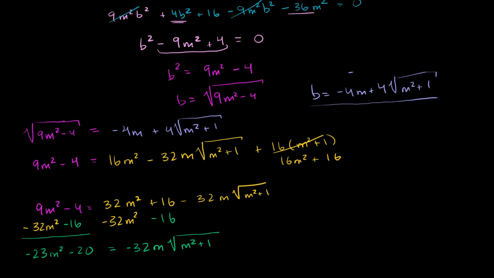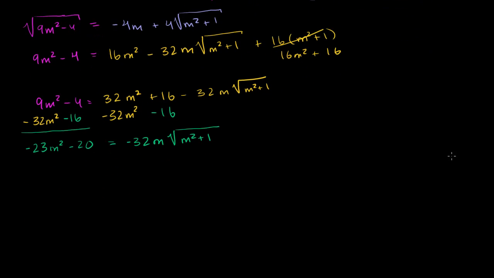Now we can square both sides of this equation. It's not the cleanest problem in the world, but hopefully if we haven't made any mistakes, we'll get someplace productive. Actually, let's multiply both sides of this equation times negative 1, just to make it positive. So that becomes positive, positive, and positive.